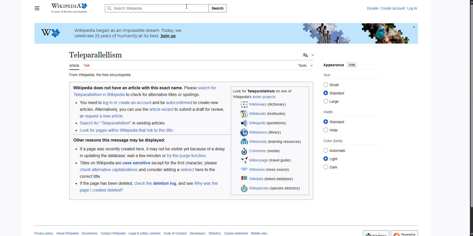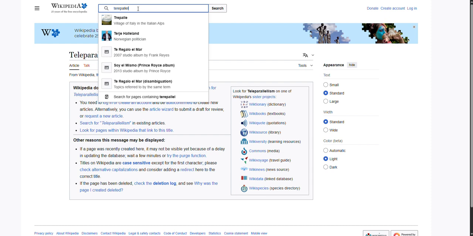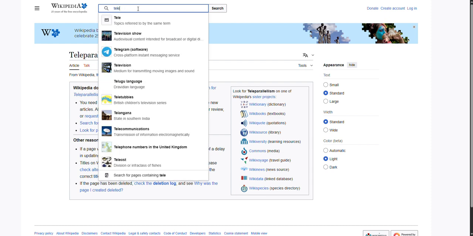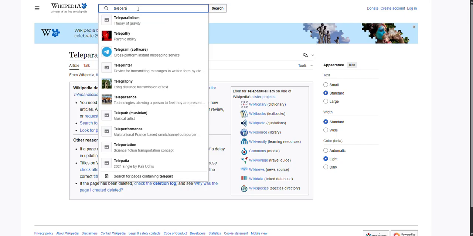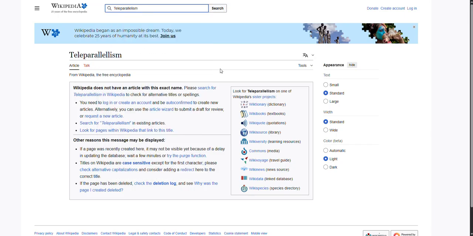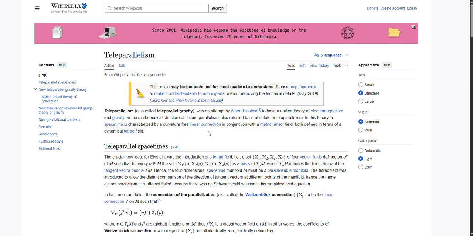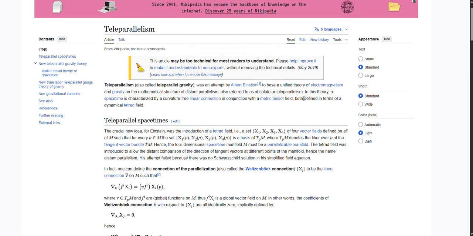I don't know if, yeah, teleparallelism doesn't work. Theory of gravity. Okay, let's see. Pause that. I think most of Wikipedia is too technical for anybody to understand, but we'll get back to that.